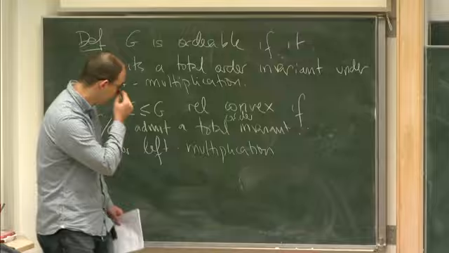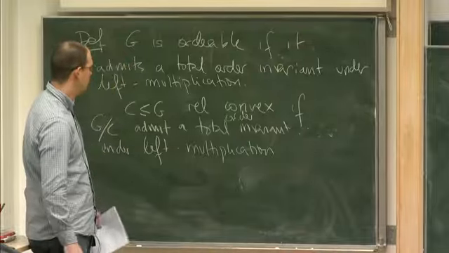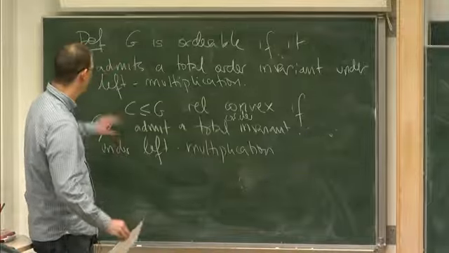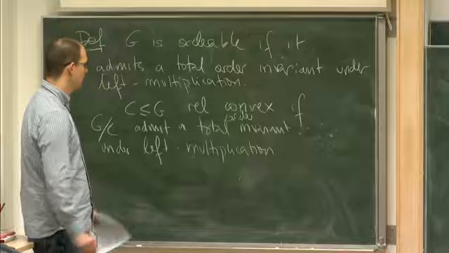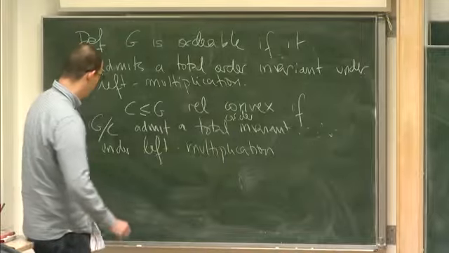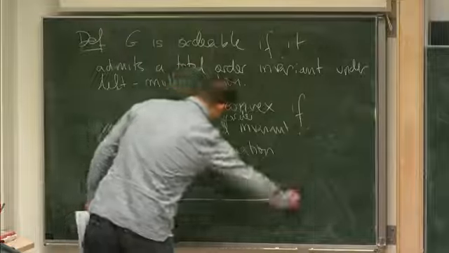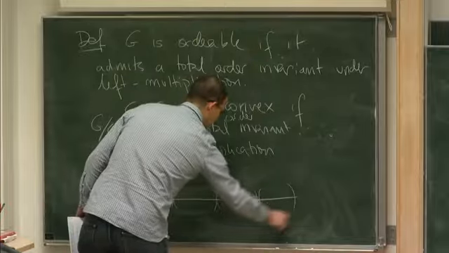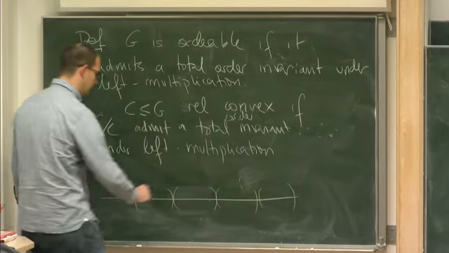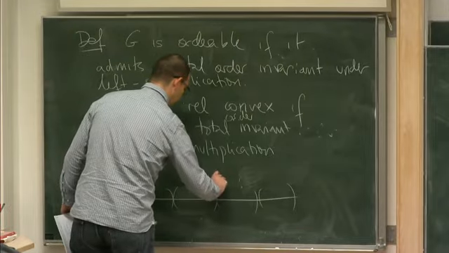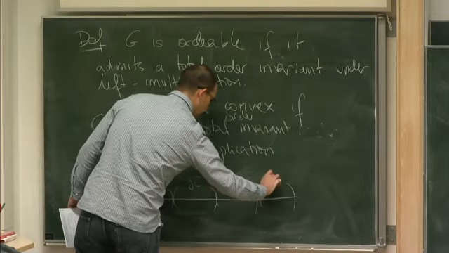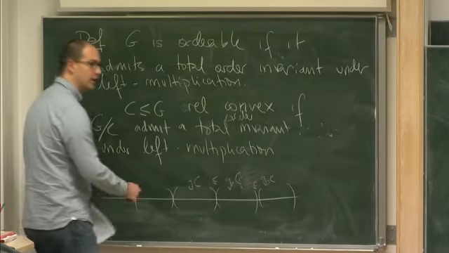So why am I saying relatively convex? Well, because I'm not assuming that the whole group is convex. What you have to think is that if you have some total order, that means that you can put your set in a real line, and you have some cosets that have been ordered.